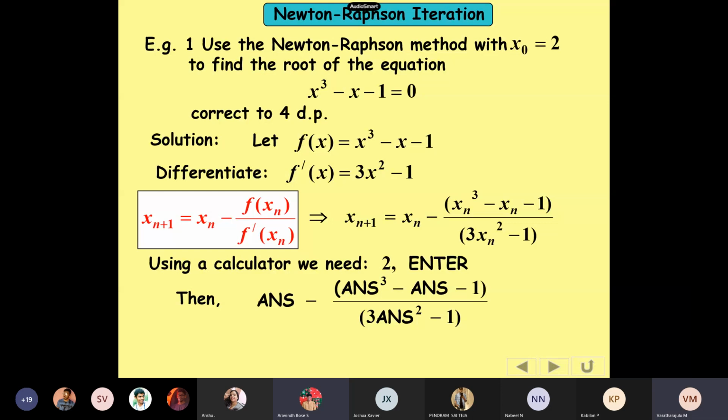Right, now give equal to and tell me what is there on your screen.